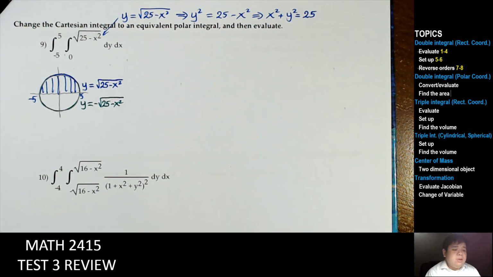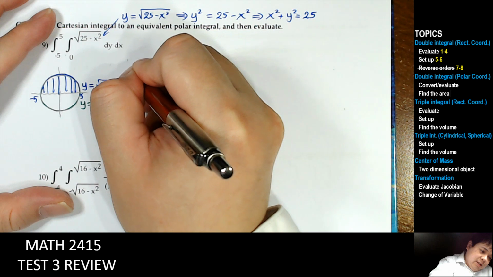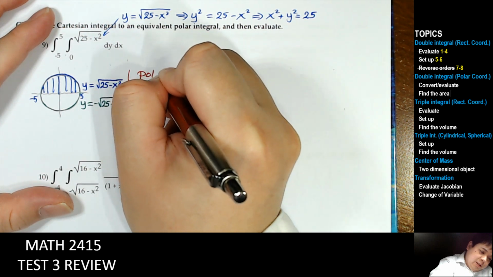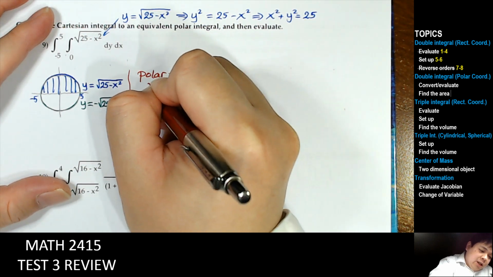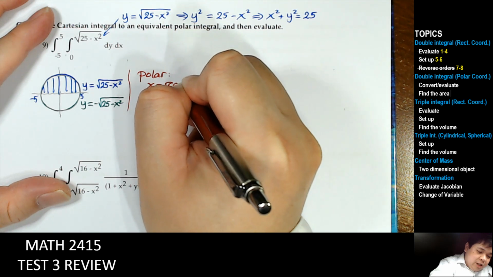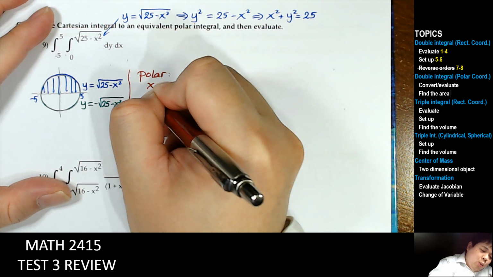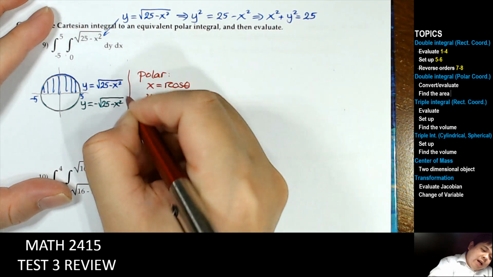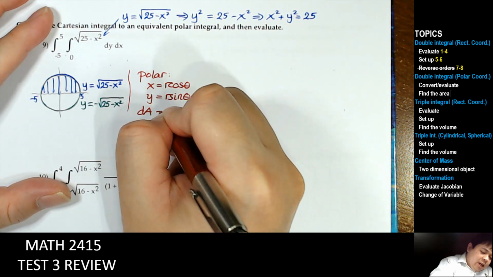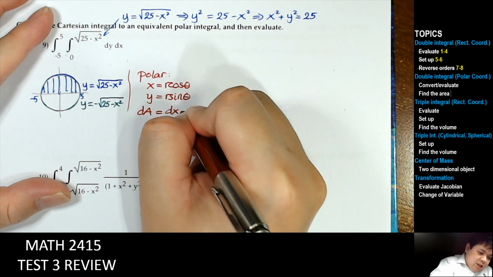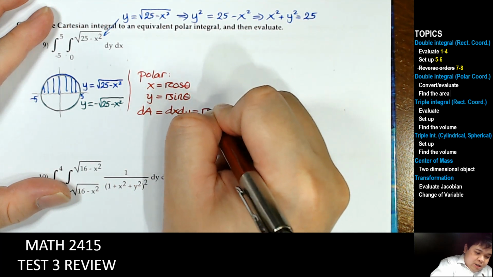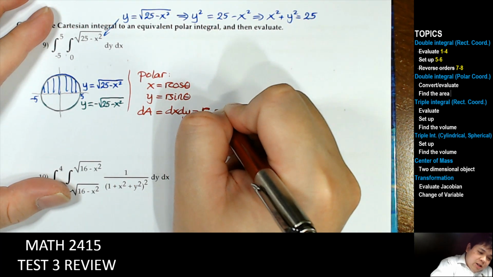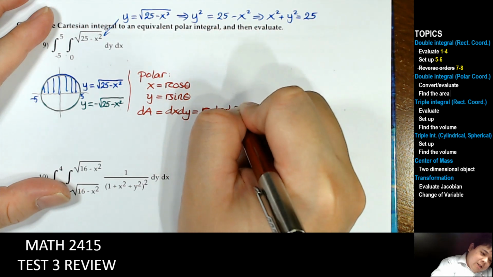Alright. Now, we're going to convert this to polar. In polar, what we have is x equal to r cosine theta, y equal to r sine theta, and then dA is not dx dy, but it's going to be r, don't forget there's an r, dr d theta.